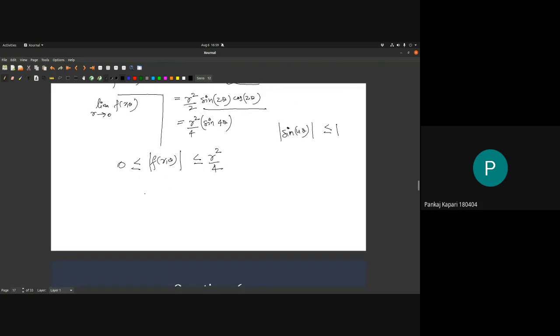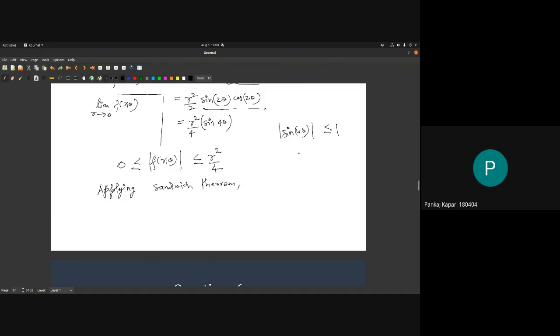Now can you tell me what is the limit of this function when r goes to 0? Just apply Sandwich theorem. What does Sandwich theorem say?